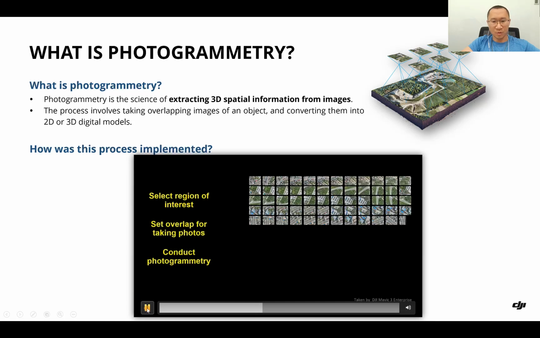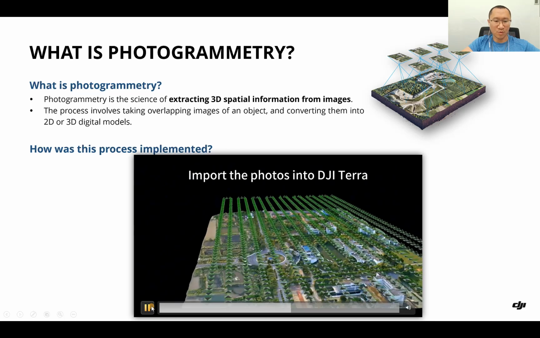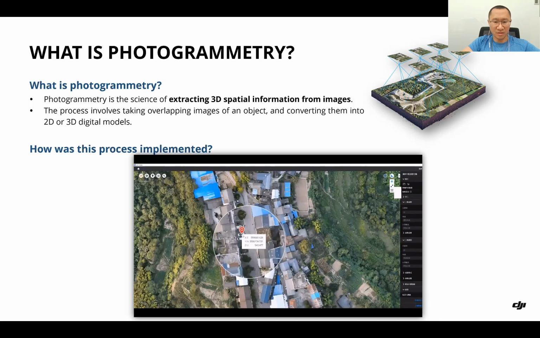After the photos have been taken, we import all these photos into DJI Terra and conduct the photogrammetry workflow. By using DJI Terra, we could get a 2D image. We can measure the coordinate, measure the area, measure a length, right?